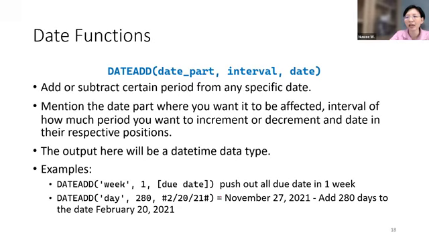So for example, we add 1 week to the date, it will push out the due date by 1 week. For example, we can add 280 days to this date, and this is the unit of the thing that we want to add, whether it's week, days, or year. From this date, say 20 February 2021, adding 280 days will be 27 November.